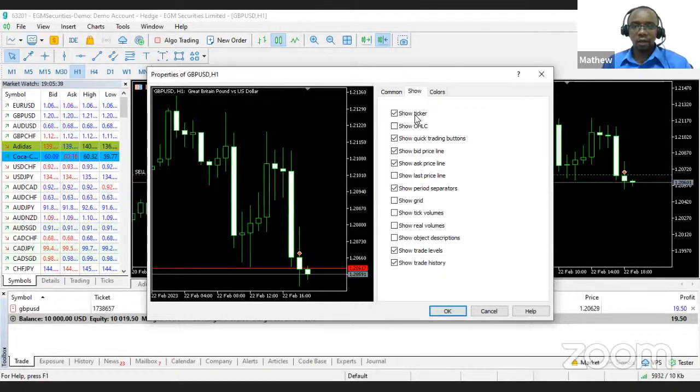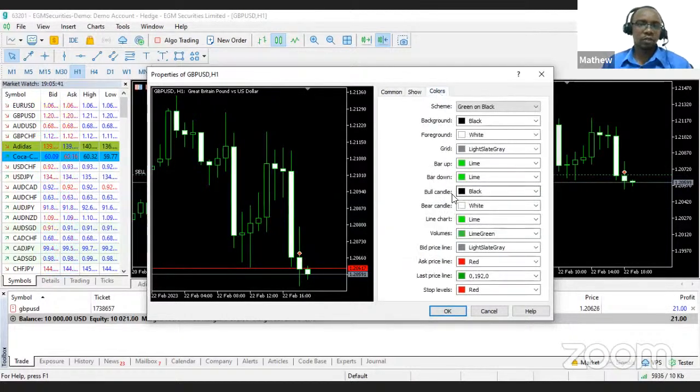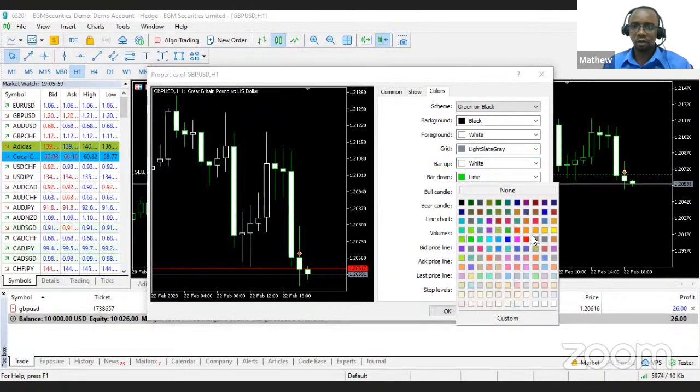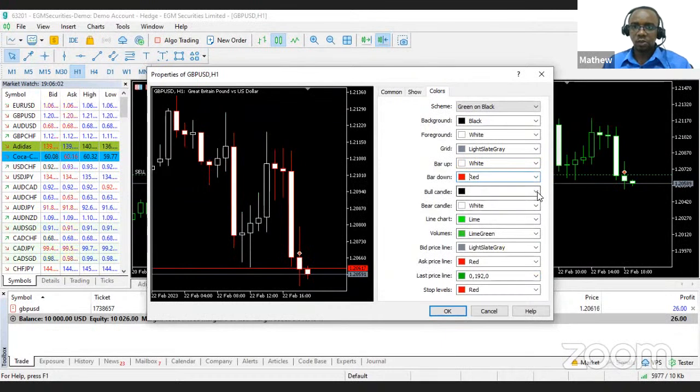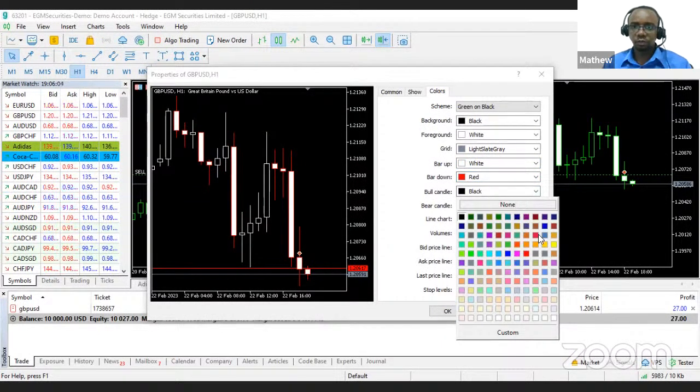Now we can go to the changing of the candlesticks. Maybe now you want to adopt, let's say, red for the bearish candle and white for the bullish candles. So bar up, we can choose white. Bar down, red. So bullish candle, white.